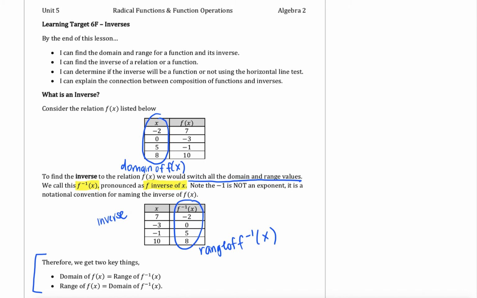And likewise, our original range of f of x becomes our domain values in the inverse.